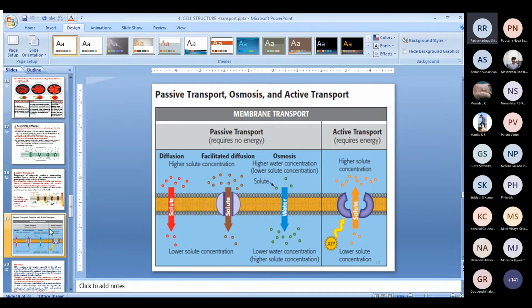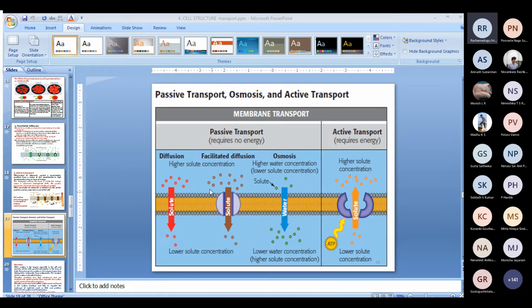Are you able to see the slide? Yes, ma'am. So this is the concluding slide for your active and passive transport. Diffusion will move from a region of higher concentration to a lower concentration.